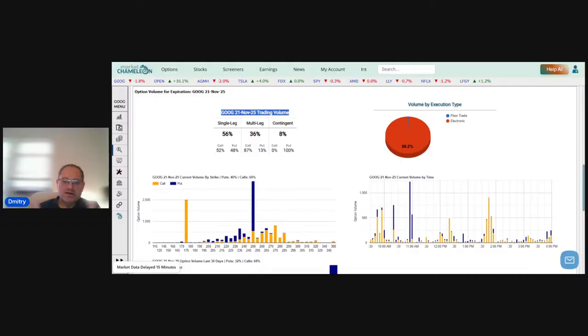And here we have a breakdown within November 21st, the volume, 40% were puts, 60% were calls, and these bars reflect the volume on each of these strikes. So the yellow is the call volume, the blue is the put volume.